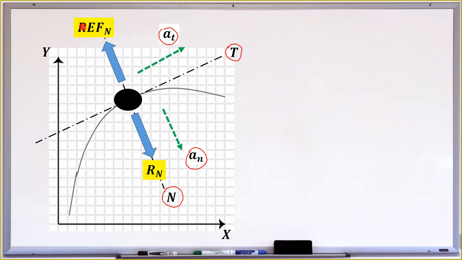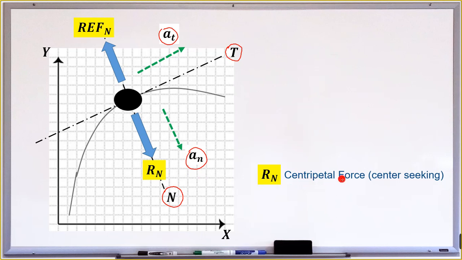So we call this the reverse effective normal force. With this, our particle is now in dynamic equilibrium with respect to the normal axis. So we call this resultant force Rn, the resultant normal force, the centripetal force.